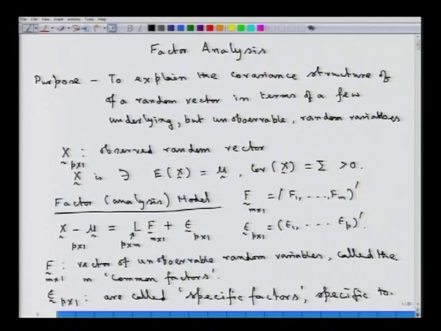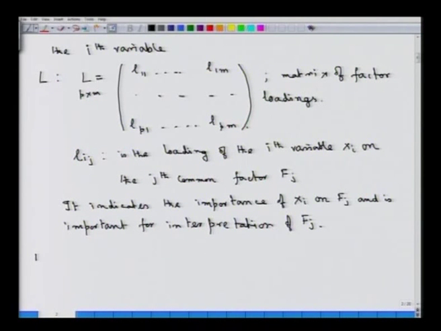Now if we look at this factor analysis model, it reminds us of a model in statistics which resembles this: a multiple linear regression model. A multiple linear regression model looks like the following: we write y equal to x beta plus epsilon.